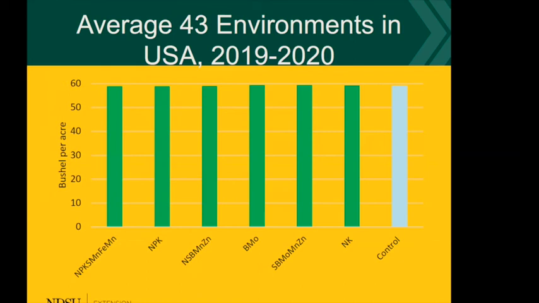We used this trial to get an idea of if we can boost soybean yield. You can see on average in the United States, the yield was 60 bushels, so it was a fairly good yield level, but we did not see any increase in yield due to these products. So no significant differences in the trend.